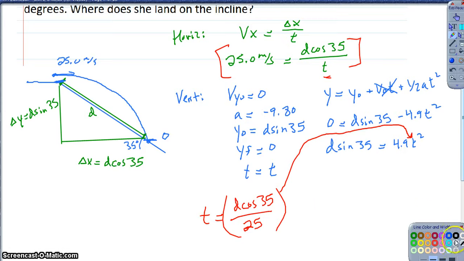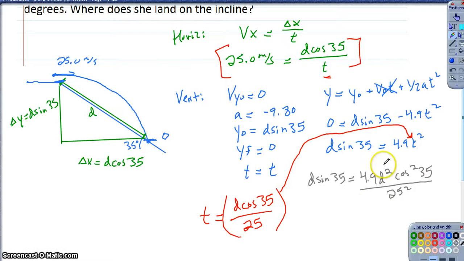So what that ends up giving me then is d sine of 35 equals 4.9, and then I'm squaring this whole quantity, so I'm going to go ahead and distribute that squared to each of them. So this would be d squared, this would be cosine squared of 35, or cosine of 35 squared, that whole thing, right? And then 25 squared on bottom.